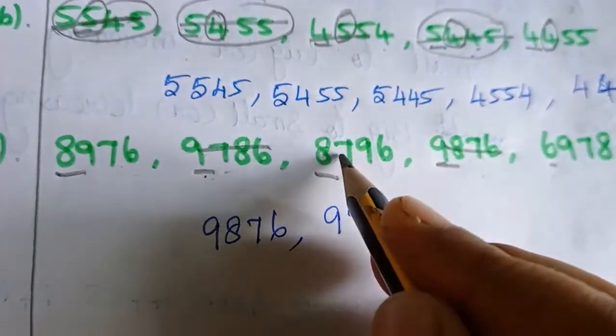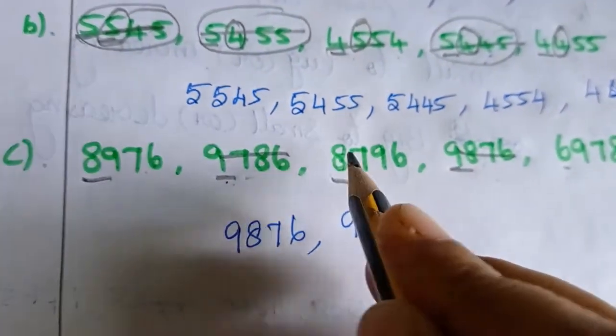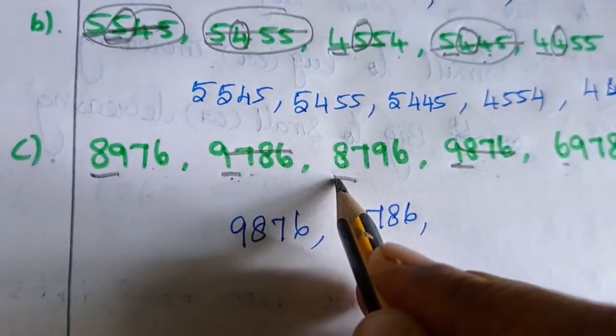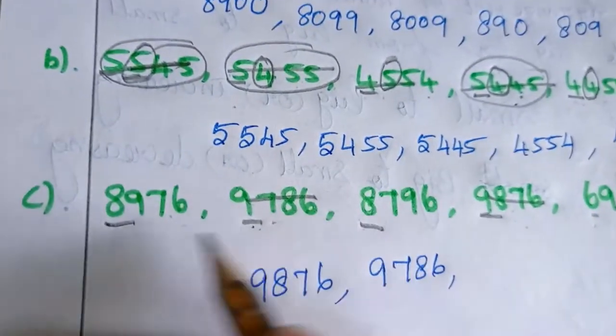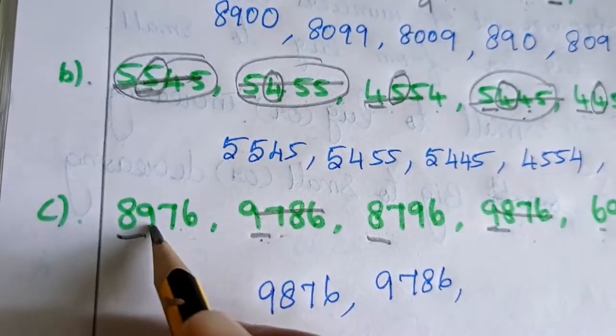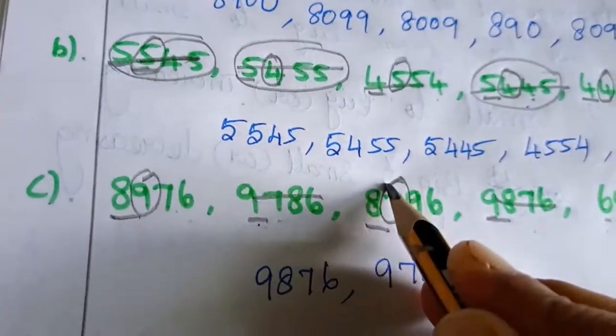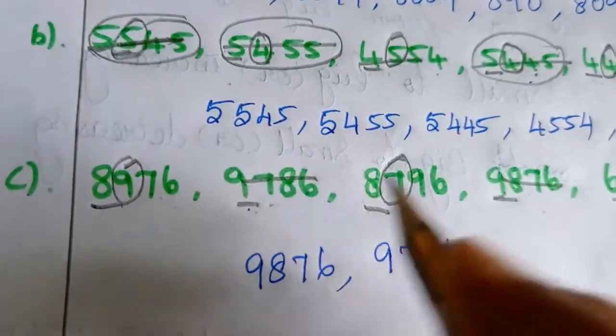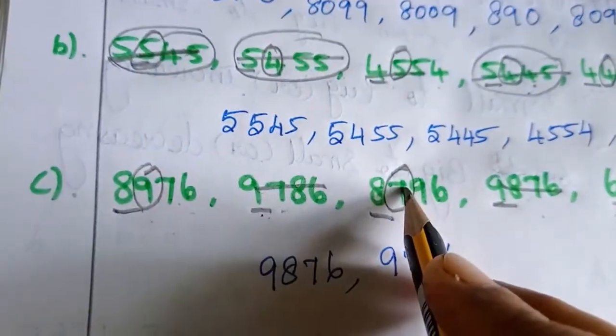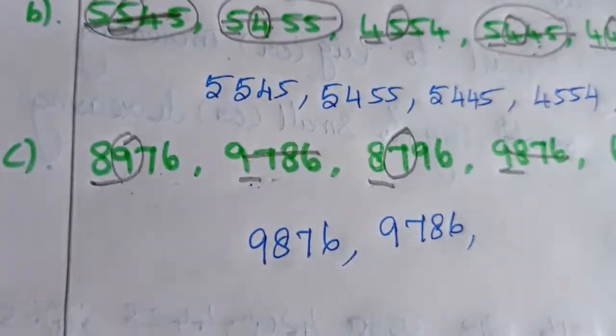So here 8 is greater and there are two numbers with the same 1000 place value, that is 8. So check their 100 place value. This number's 100 place value is 9 and this number's is 7. So which is greater, 9 or 7? 9 is greater. Okay?